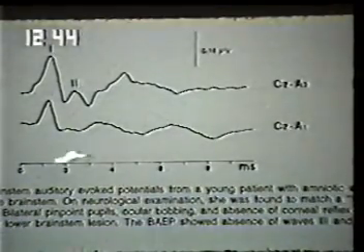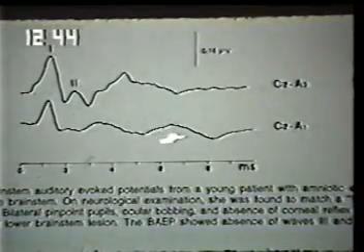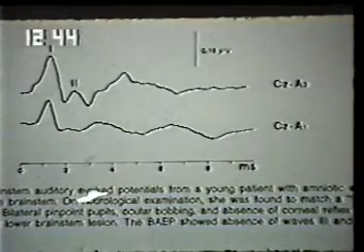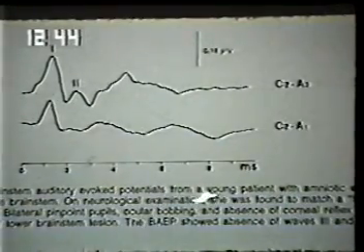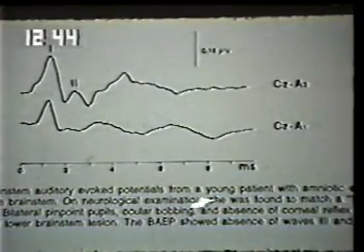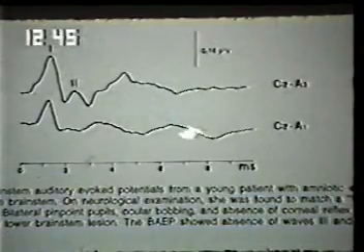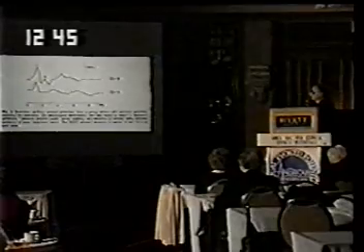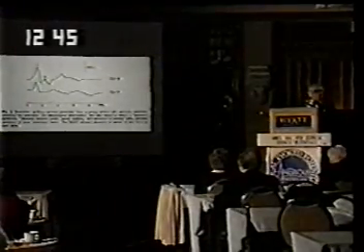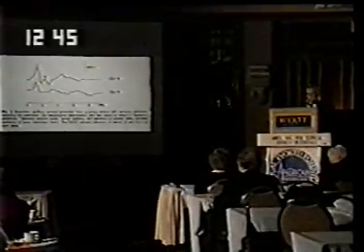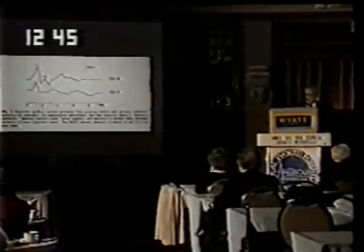Amniotic embolism affecting the brainstem, and matching a locked-in syndrome, pinpoint pupils, ocular bobbing, absence of corneal reflex provided evidence of the brainstem lesion, and correspondingly, you have no waves 3 and 4 and 5. Of course, Dr. Gliblin will tell me, we knew already that something is severe here. But why shouldn't you have objective evidence?